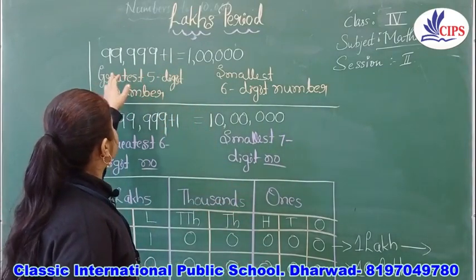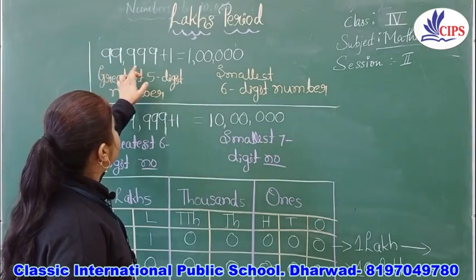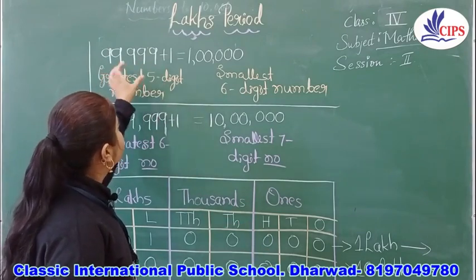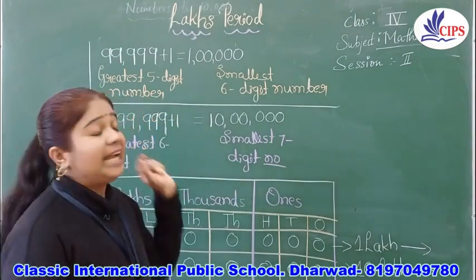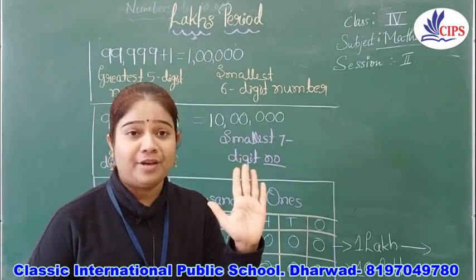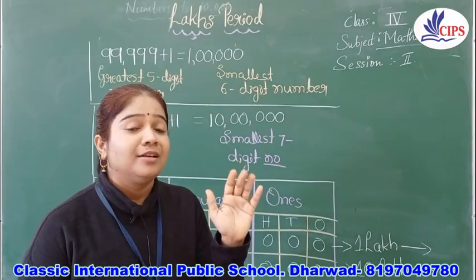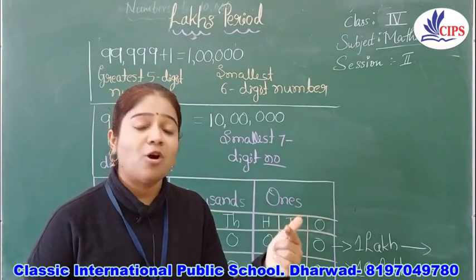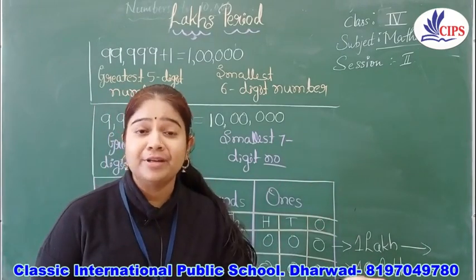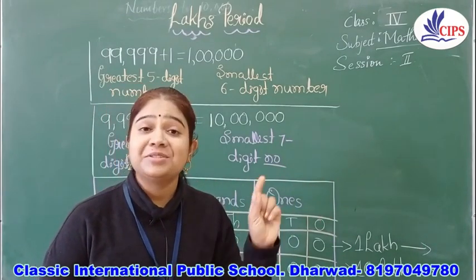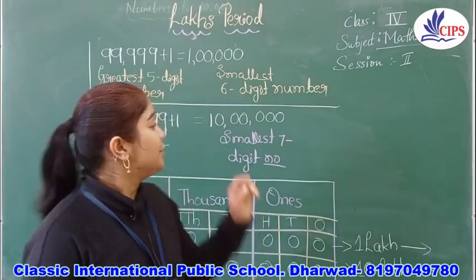As you know, this 99,999 is the greatest 5-digit number. You know how to form the smallest 5-digit number, and also you know the greatest 5-digit number, right?